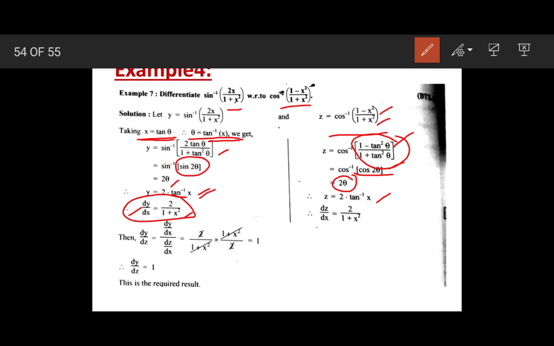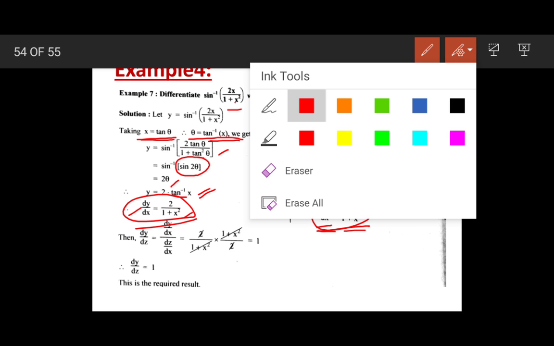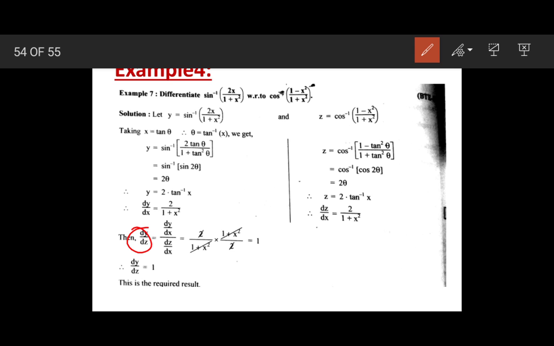Now we differentiate z with respect to x. So we get dz upon dx equal to 2 constant, derivative of tan inverse x as 1 upon 1 plus x square. So we got dy upon dx, we got dz upon dx. Now we will find dy upon dz, which is dy upon dx divided by dz upon dx.